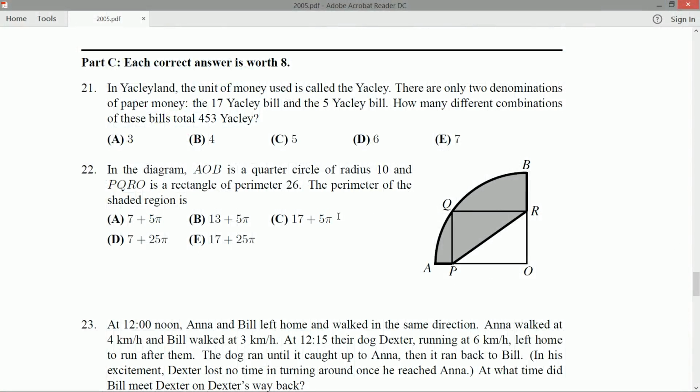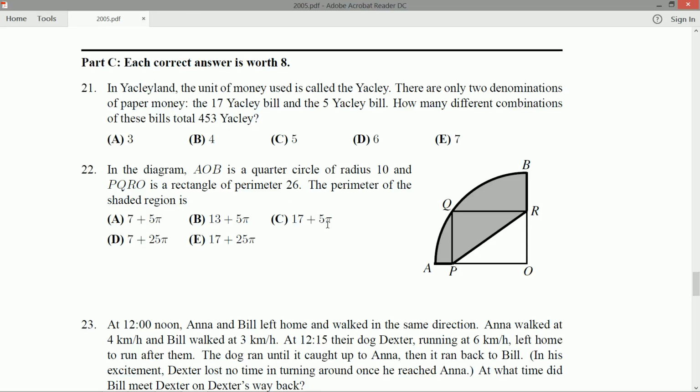I've been wrong before, but that's at least what it looks like it might be. So it might be A, B, or C.